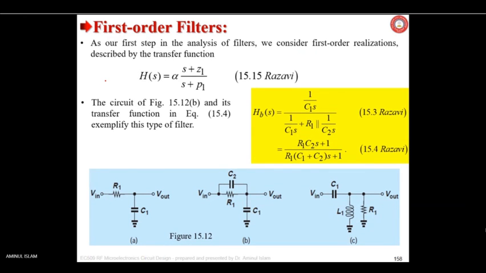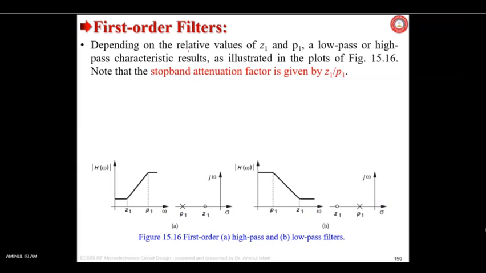Now, as our first step in the analysis of filters, we consider first order realizations described by this transfer function, and the circuit of B in this figure, and its transfer function given here, exemplify this type of filter. Depending on the relative values of Z1 and P1, a low pass or high pass characteristic results, as illustrated in the plots of figure 15-16.